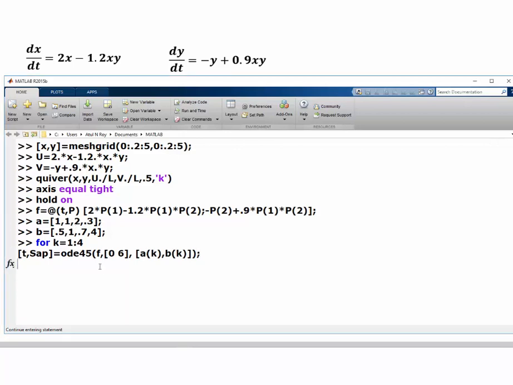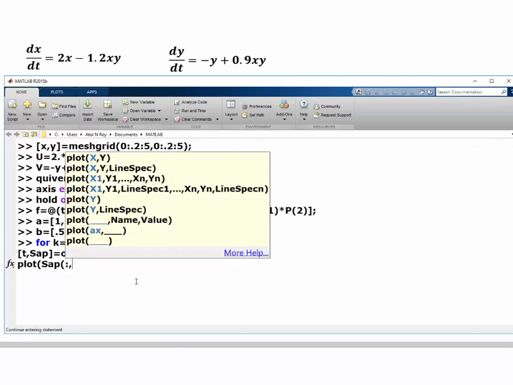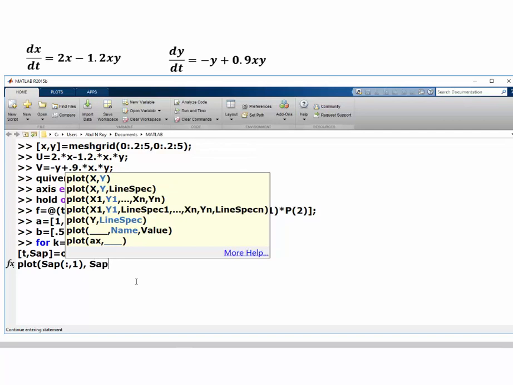Now we are going to ask it to plot. Here I am indicating the first column, which has the approximate values of x, and in the second column we have the approximate values for y.